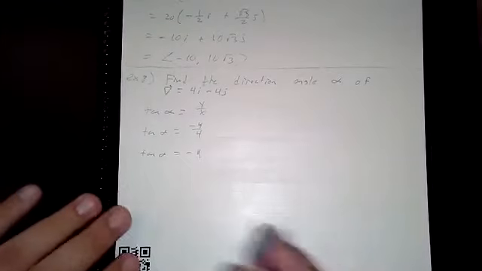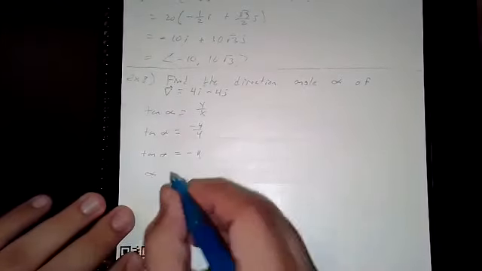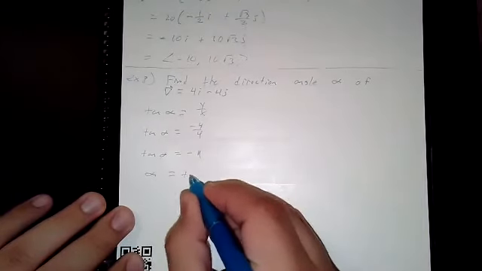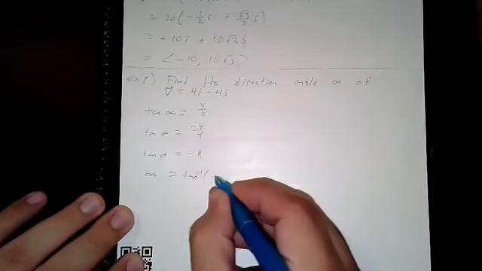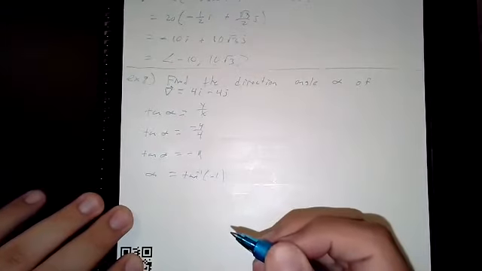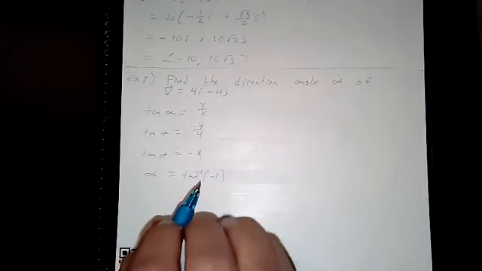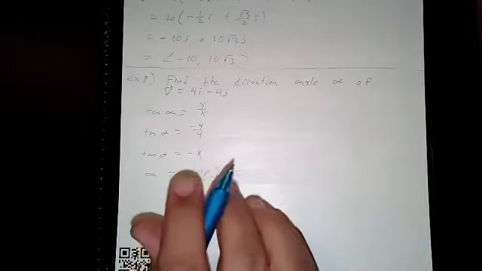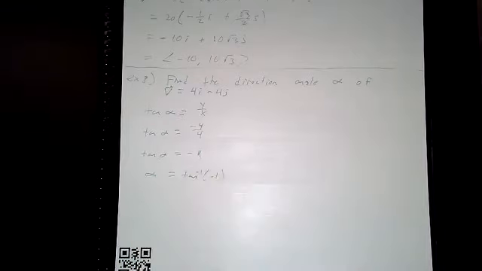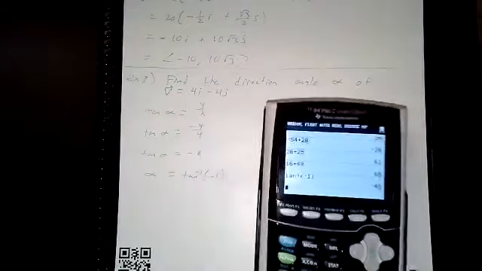So solve for alpha using your inverse tan. Alpha would be tangent inverse, or arctan, of negative 1. Now the only question is, if we punch this into our calculator, are we going to get the one we want, or are we going to get something else?